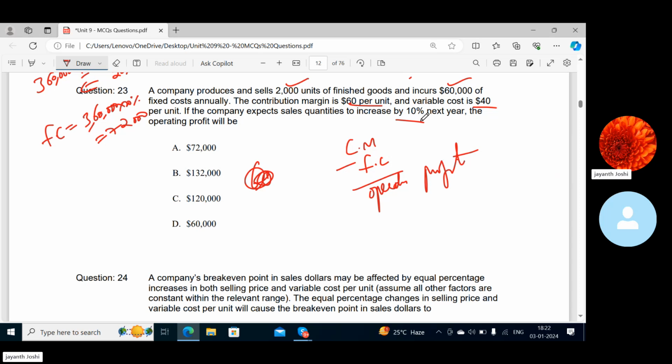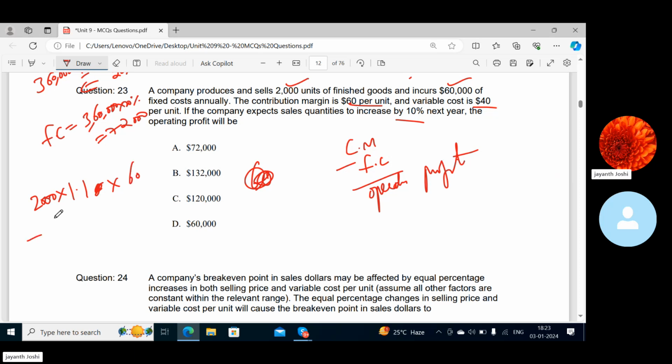Sales will increase by 10%. Sales quantities, so 2000 into 1.1. How much? 2,200. Into 60 we'll get the contribution margin.